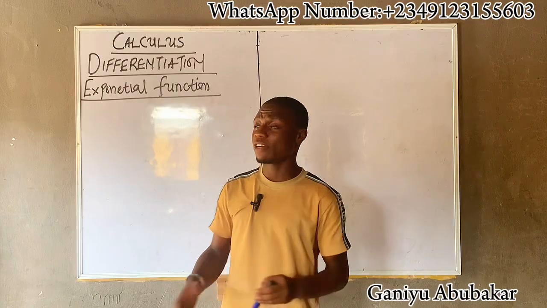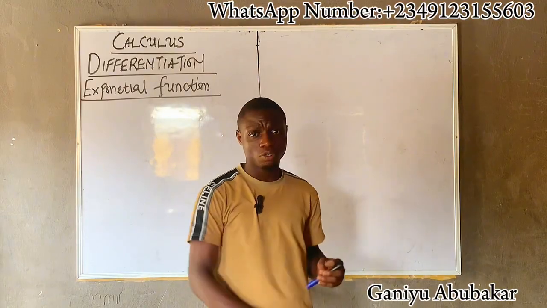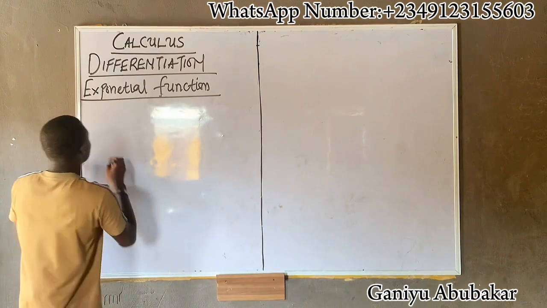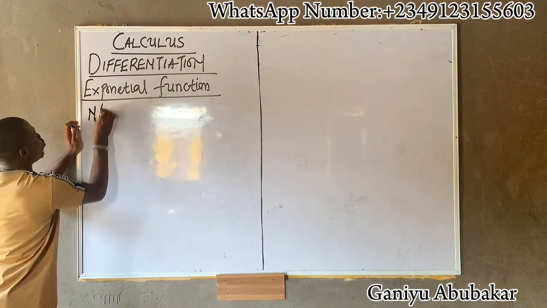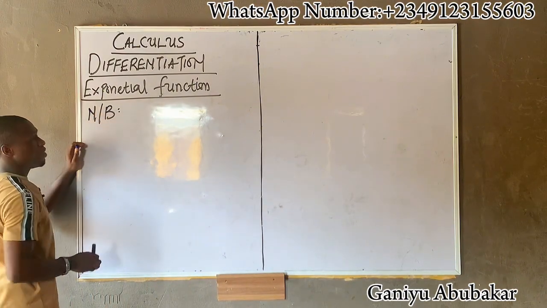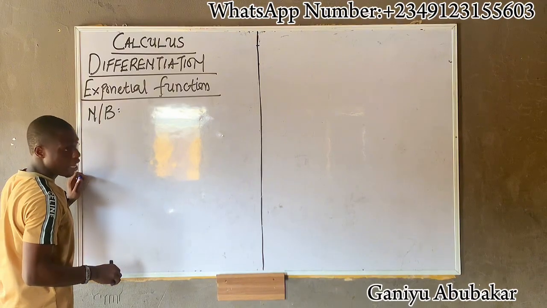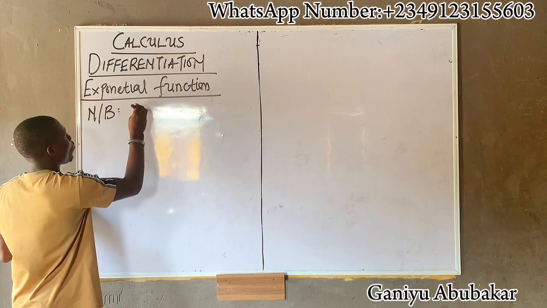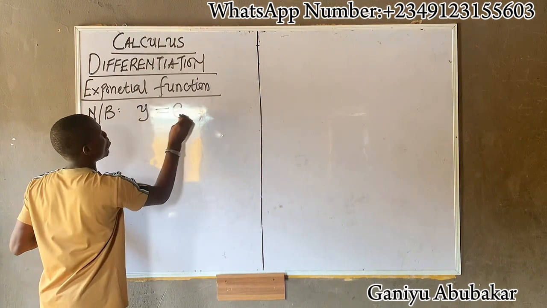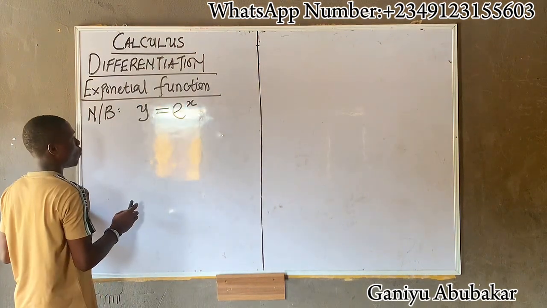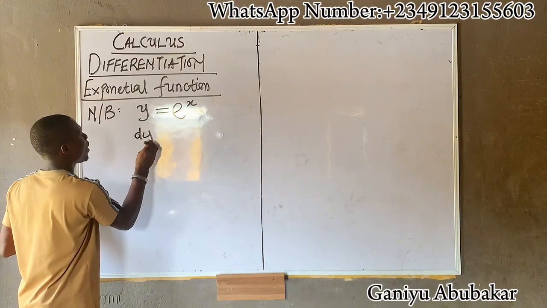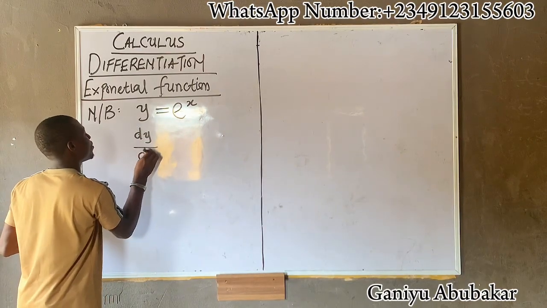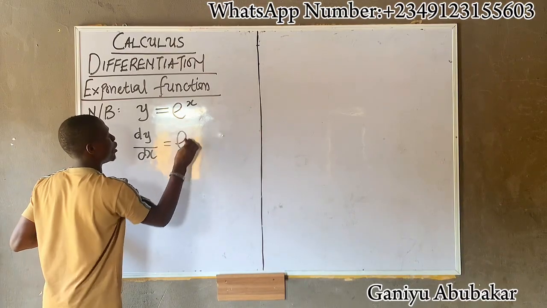Let's start with the first thing first, called the exponential function of differentiation. Note the following, please. If I differentiate exponential x, I'll have exponential x. Let's say that y is equal to exponential x. Of course, dy over dx is still equal to the exponential x.